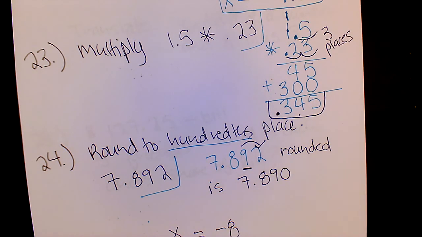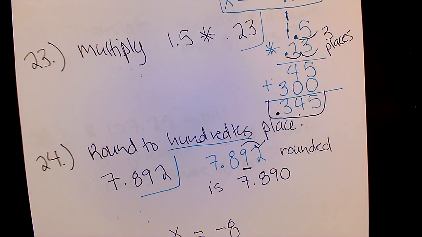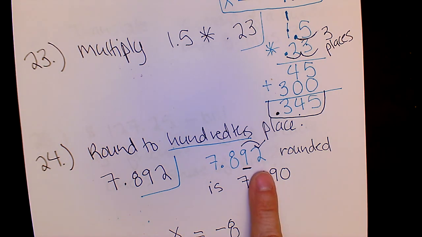And if you want to put a 0 there, you can, or you can leave it just 7.89 and cut off that 2. So this is rounded to the hundredths place. Because it was a 2 sitting there, we kept it at 9. So it's 7.89, or if you want to leave it 7.890, you can.